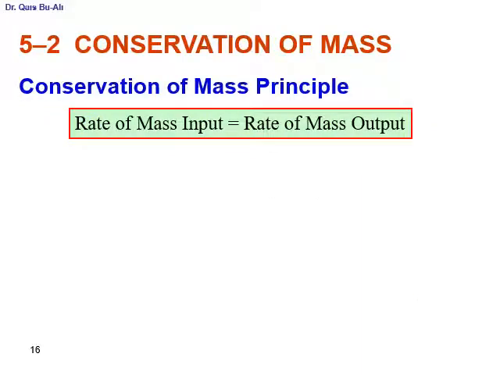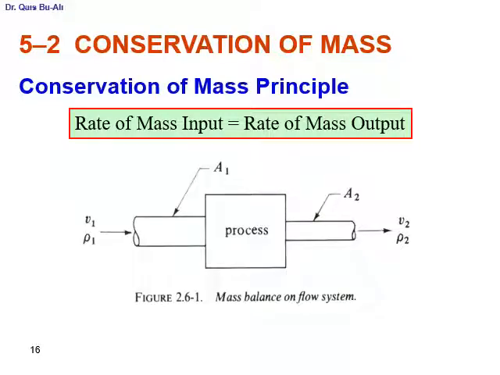So again, I have rate of mass input equals rate of mass output. Suppose I have this as my process, a pipe where the input is going in and the output is going out.